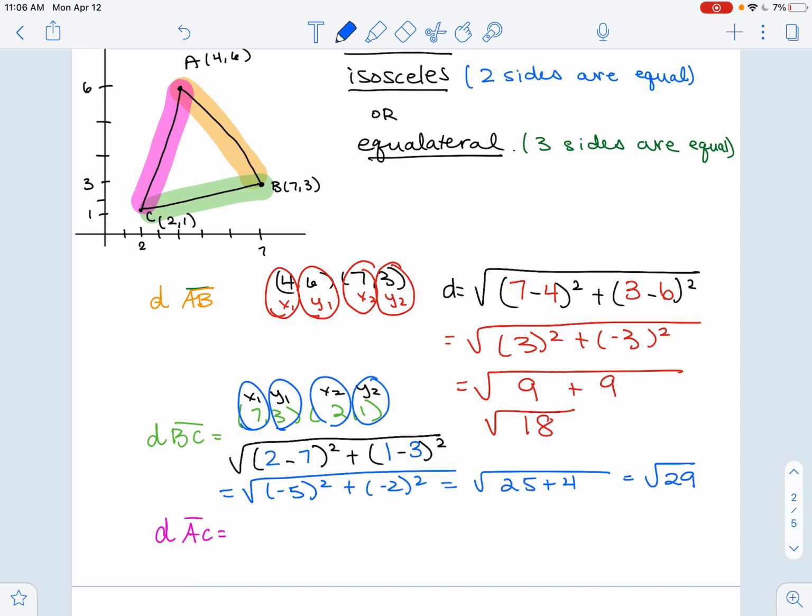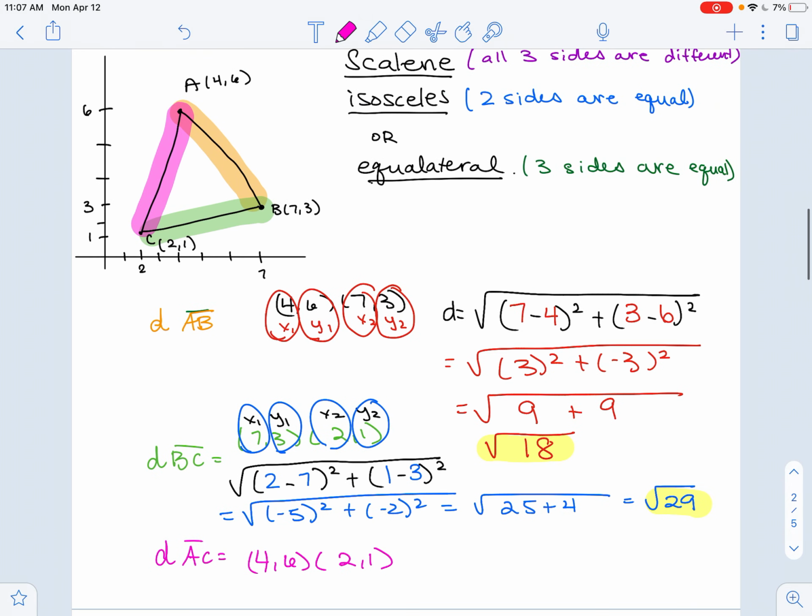So right off the bat, just comparing these two right here, root of 18 and root of 29, we know they're not the same. So I know for sure it's not an equilateral triangle. And then lastly, let's compare sides AC. Well, remember AC, we're using the points A, which is 4, 6, and C, which is 2, 1. And again, we label this as X1, Y1, X2, Y2.